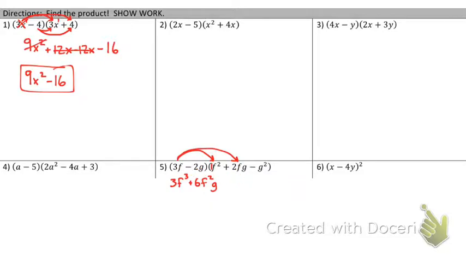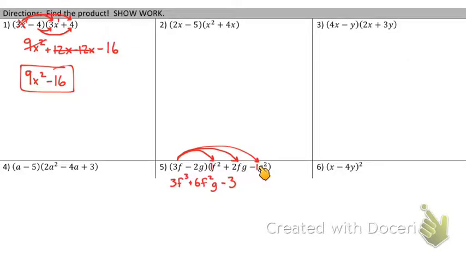Now let's go ahead and do the third term. All right, 3 times, and here we have negative 1. So 3 times negative 1 is negative 3. And then we have f.